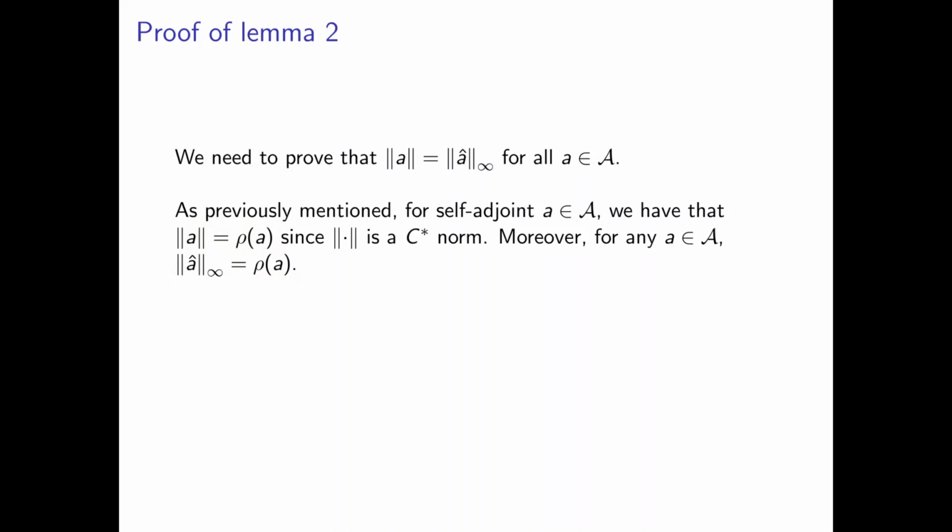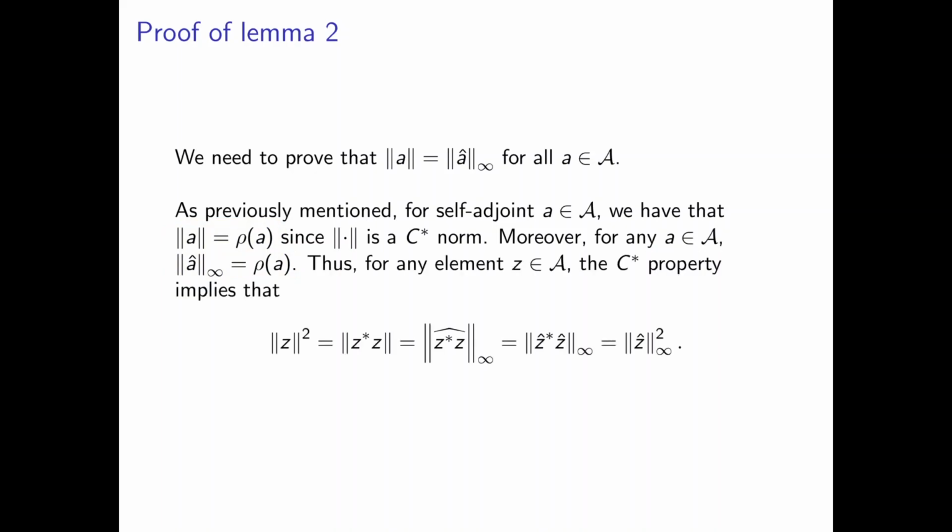But how do we get to more general elements? Well, let's consider an arbitrary element Z in A. Then we use the C-star property, because the norm of Z squared by the C-star property is equal to the norm of Z star times Z. And now, this here is a self-adjoint element, so we can use the fact that we had earlier to say that these two must be equal to one another. And now we have already proved in lemma 1 that the Gelfand transform is a star homomorphism, so we can split it up in this way.